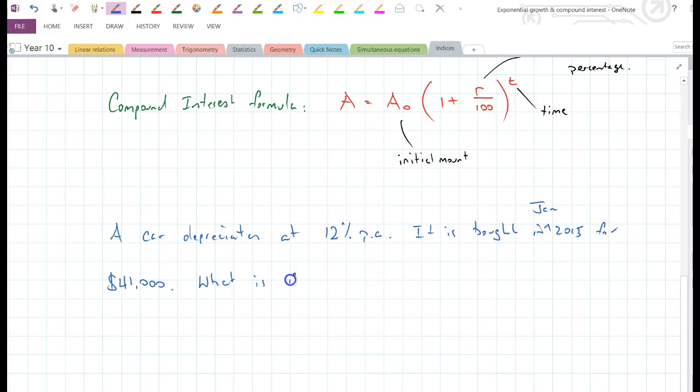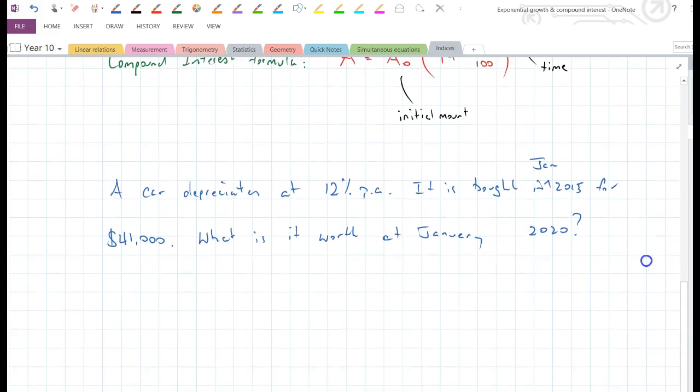What is it worth in January 2020, so that's 5 years down the track.